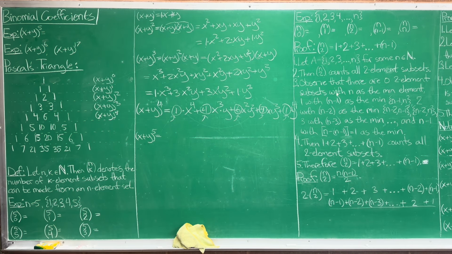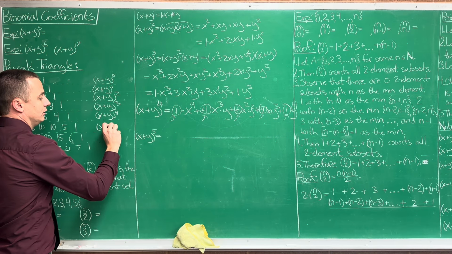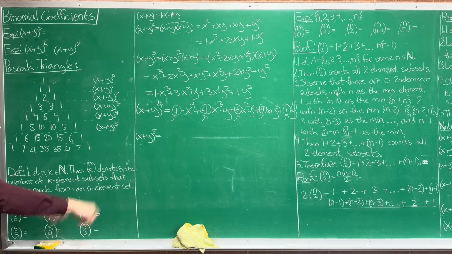And now, when someone asks me, what's (x + y) to the 5, I can calculate it real quickly without even having to do all the expansion.